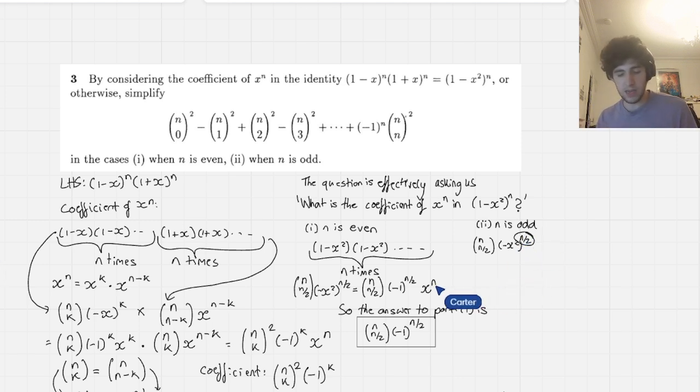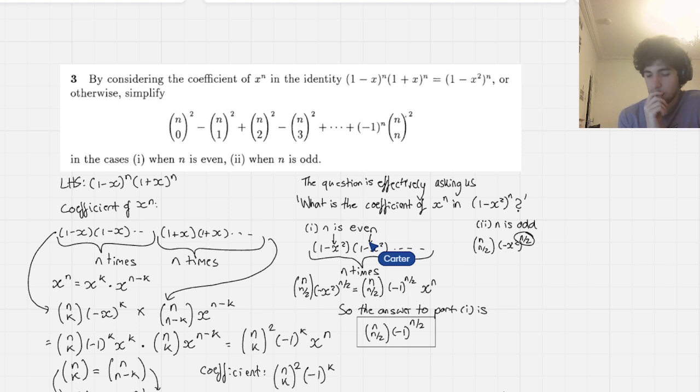Because think about it. I'm making a choice at each bracket of whether I want to multiply by 1 or minus x squared. So I'd have to make n over 2 choices of minus x squared and n over 2 choices of 1s, and then rearrange those in n choose n over 2 different ways.